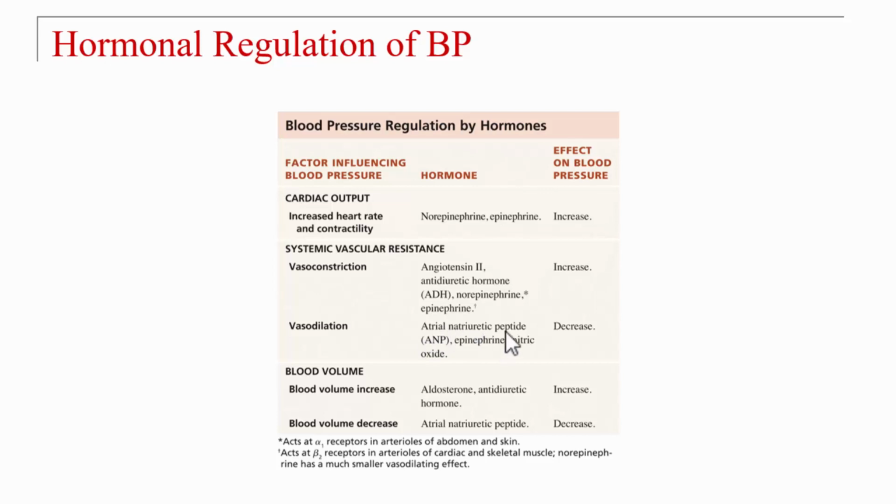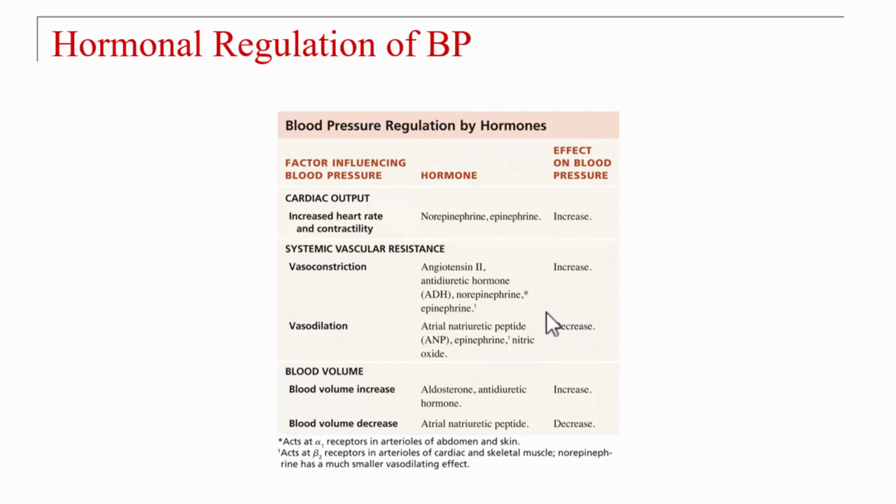Atrial natriuretic peptide. And again, we'll discuss that more when we do the endocrine system. And then epinephrine and nitric oxide, again, can lead to vasodilation and decrease the blood pressure.